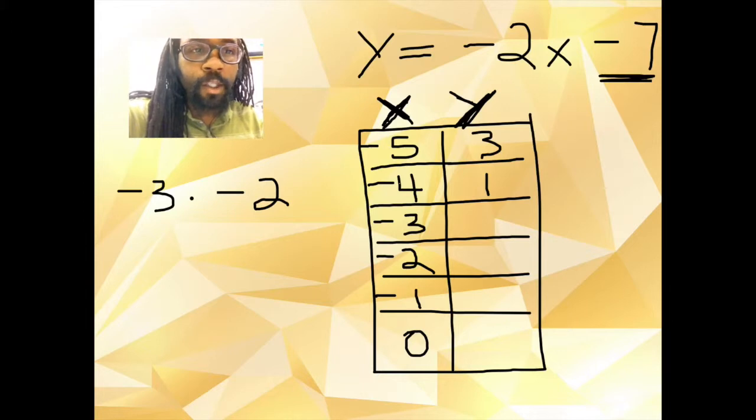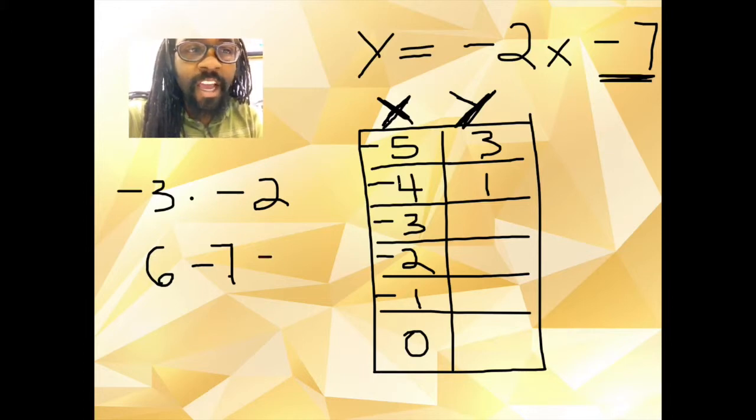We've got a minus 3. We'll plug it in for the x and say minus 3 times minus 2. Two negatives make a positive when multiplying, so we'll say 3 times 2. That gives us a 6. 6 minus 7 puts us into a negative, so this answer is a negative 1.